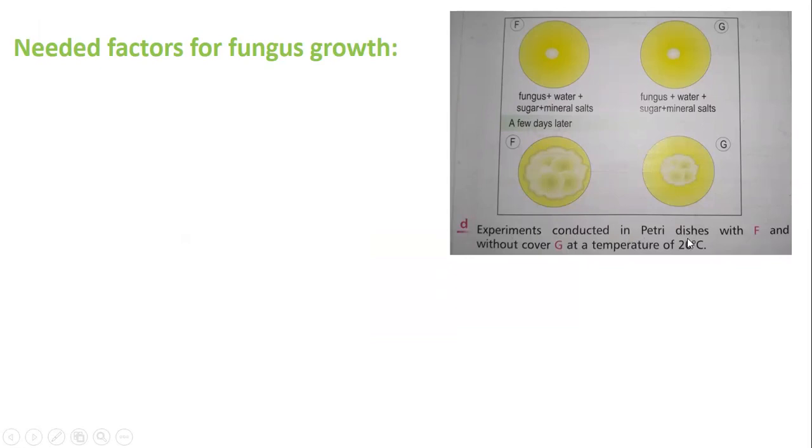Experiments conducted in petri dishes with cover and without cover at a temperature of 20 degrees. Look at the development with cover. Look at the development and compare it with no cover. Fungus develops most out of air.